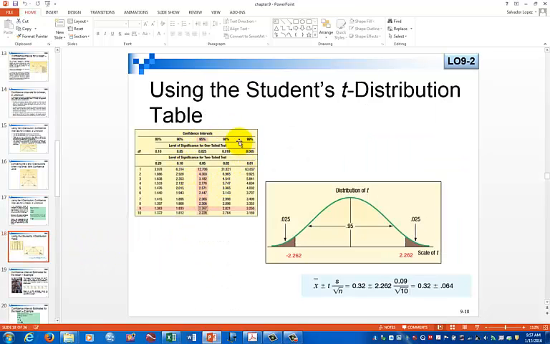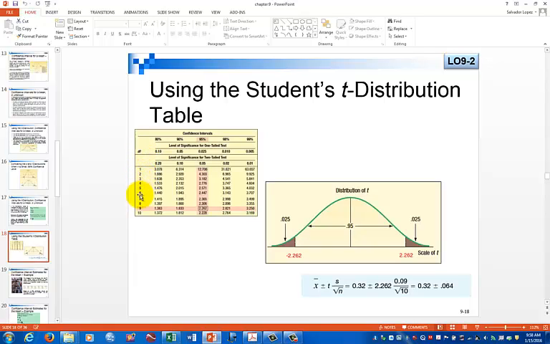This is a copy of the t-distribution table. Since we're using 95% confidence, we look at the top of the table and find 95. Then on the degrees of freedom, we look at n minus 1, the sample size minus 1. Since the sample size is 10, 10 minus 1 equals 9.